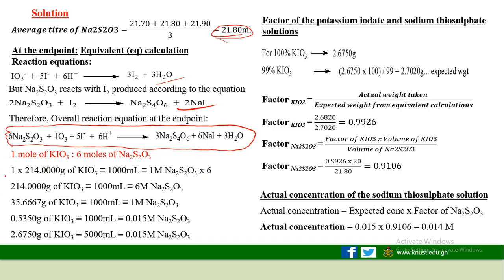Then we correct this equation using the mole ratio. So what? 1 times this and then 6 times that, right? Good. Then after correcting, we get our proper statements as we have here. We step down the concentration, the 6 molar here, to 1 molar by dividing by 6. Then we do the same thing to the mass. Now we further step it down by multiplying by 0.015.